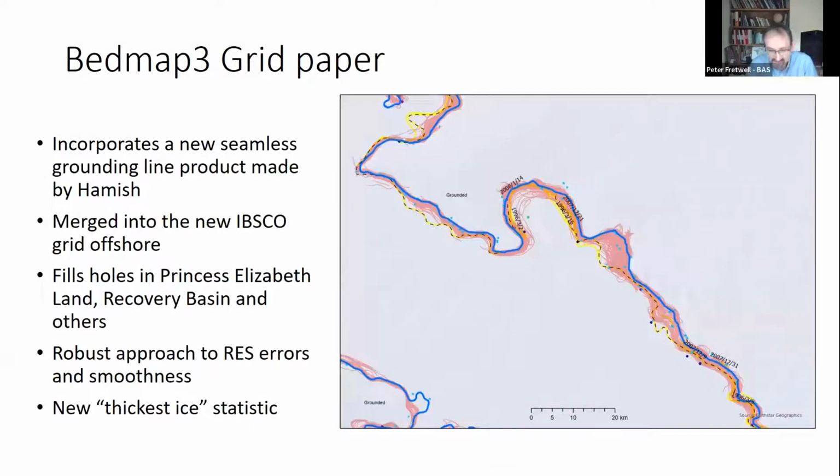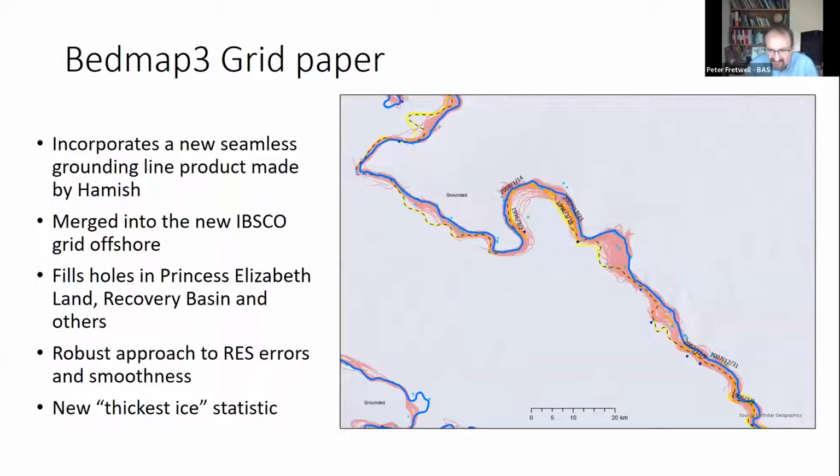We're also making a new grounding line. We're taking all of the published satellite data of different grounding lines and making one seamless continuous grounding line from that.